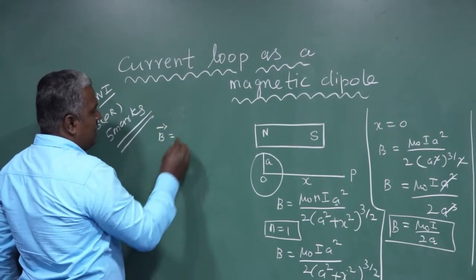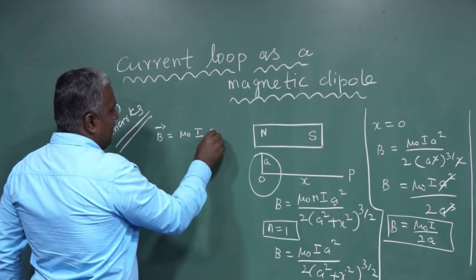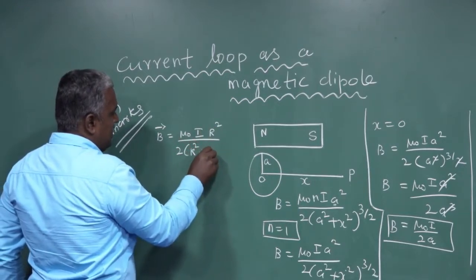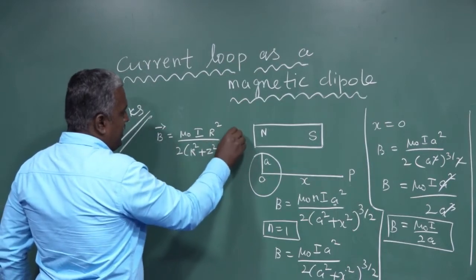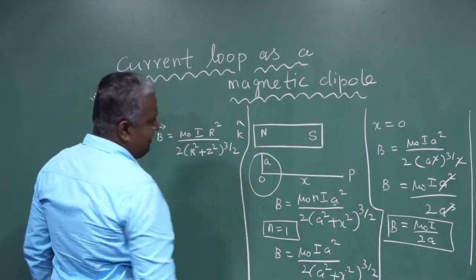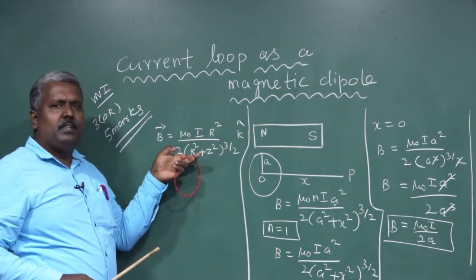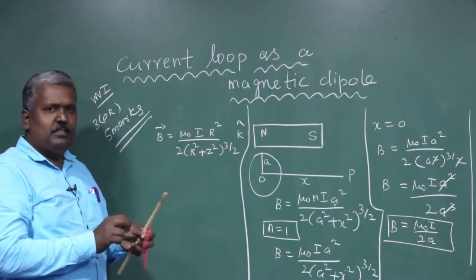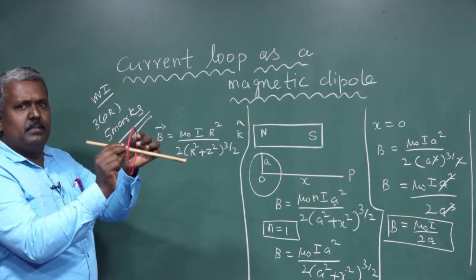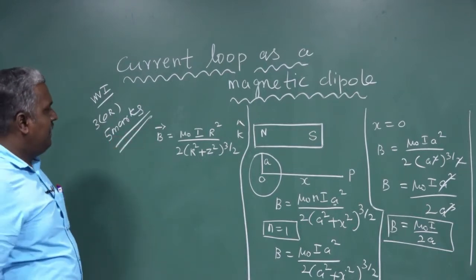B vector is equal to mu naught I R square by 2 of R square plus Z square whole power 3 by 2 K cap. This is according to new textbook, magnetic field along the axis of the circular loop carrying current I. Okay?